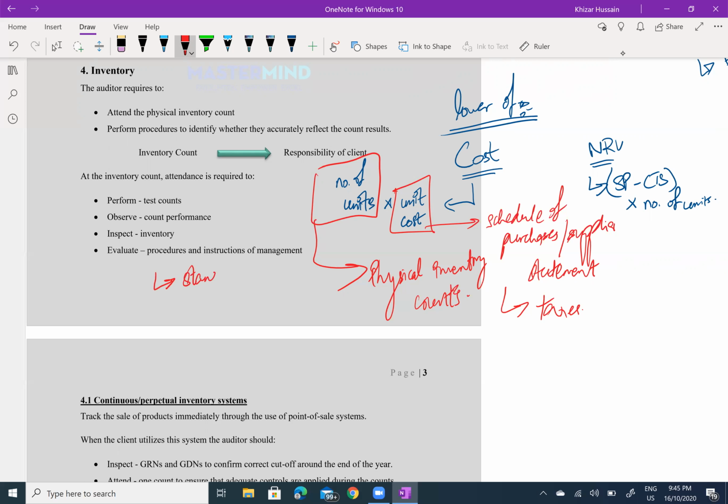So you calculate the variance, you obtain the variances from the client, and then you recalculate the variances. You inspect the reasons for variances. If there's any abnormality, you ask the client why there's an abnormality and how it has been treated, right? So you look at the standard cost card, for example, or the standard costs. You inspect that, okay?